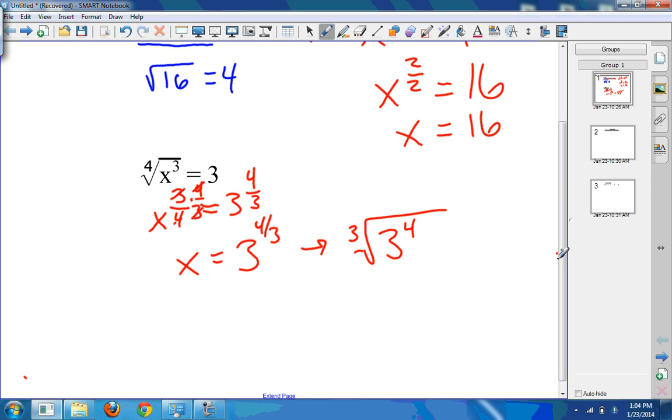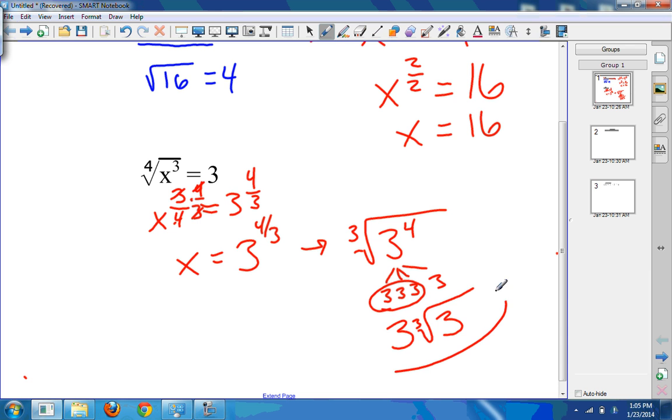And this is 3 times 3 times 3 times 3. So we have a triple 3 here, and left over, we have another 3. So we could simplify it down like that. If we put this in our calculator, we would get the same answer. Or we could even change that to a decimal answer putting it into our calculator. Any of those answers are okay, but you should know what each of them mean and should be able to go back and forth between all of them.